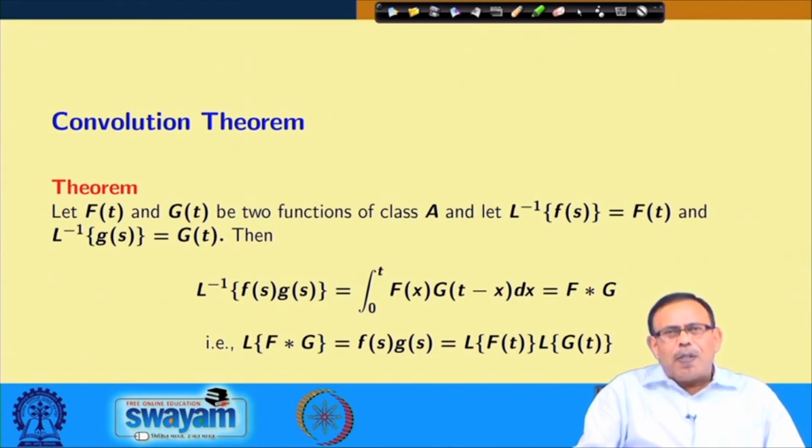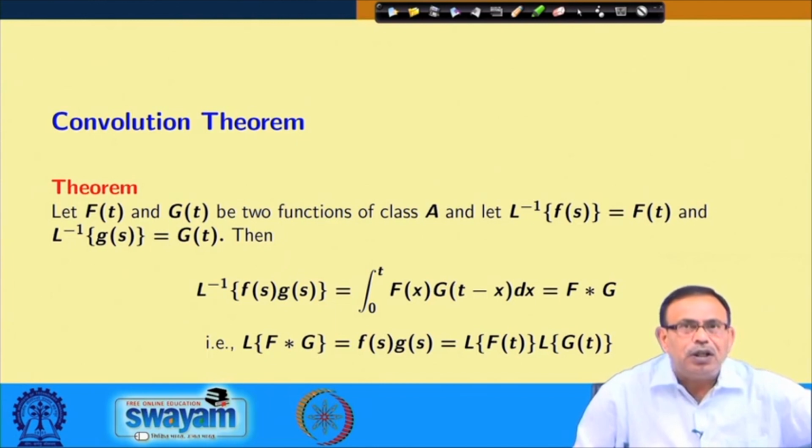Or in other sense, in simple words, the Laplace transform of the convolution of two functions is equal to the Laplace transform of the function f(t) into the Laplace transform of the function g(t).